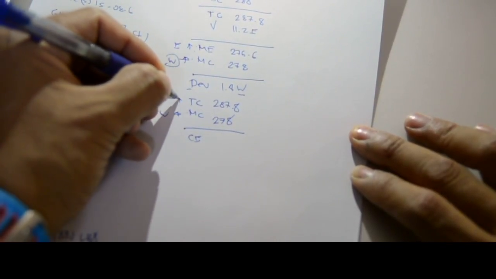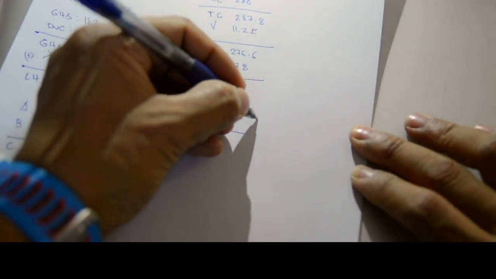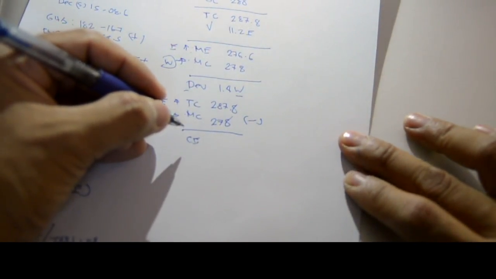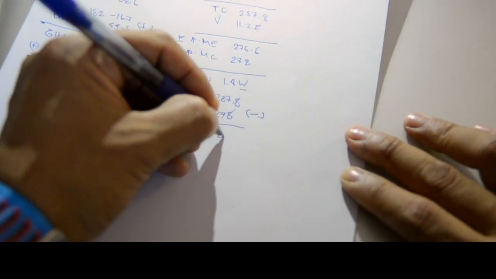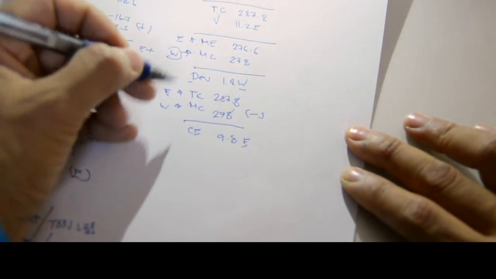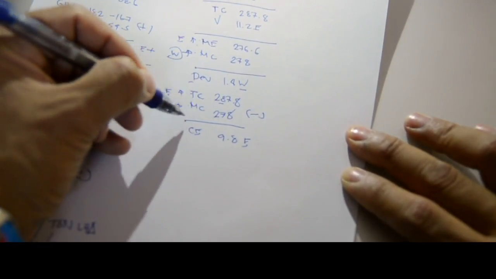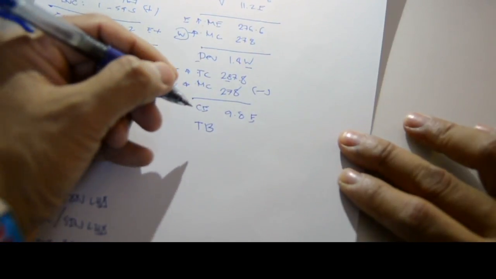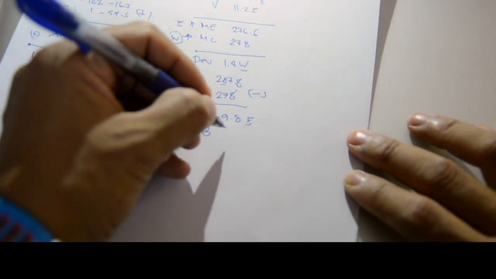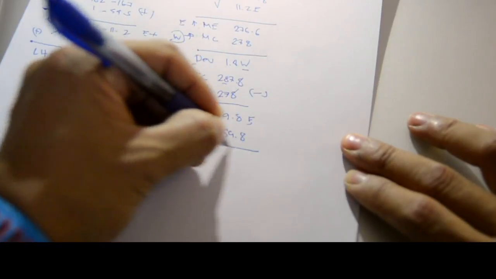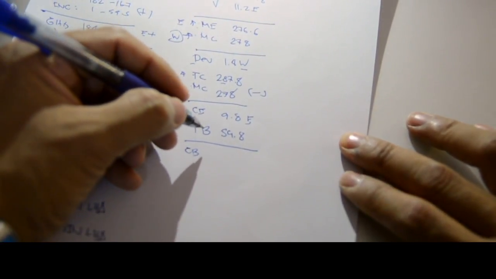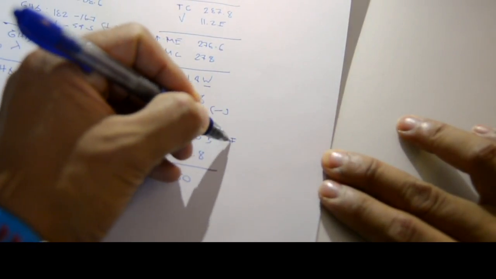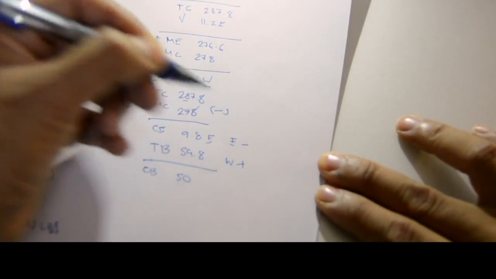If the true course is greater, east. Always minus. So the compass error is 9.8 east, because true course is higher than magnetic compass. Then true bearing is 59.8, compass bearing equals 50. If you have east here, it's minus. If you have west, it's plus.